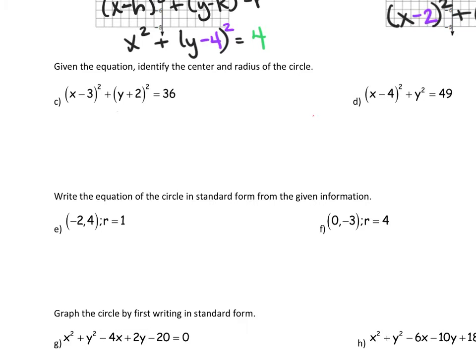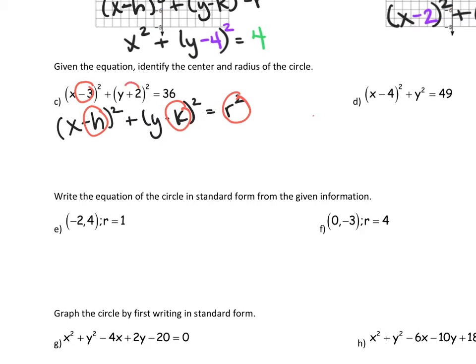And remember that the equation, written in standard form, is x minus h squared plus y minus k squared is equal to r squared. So all we have to do is identify h and k and r from this equation.